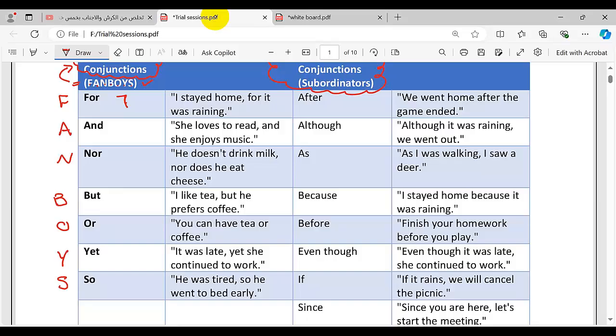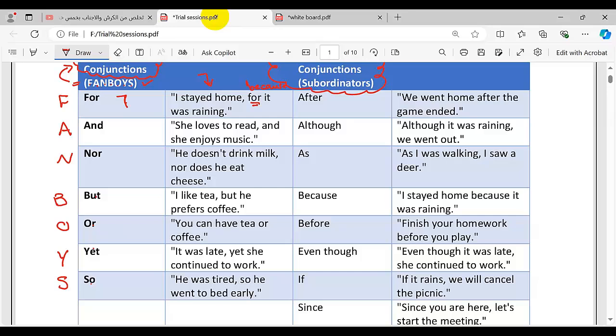Again, coordinating conjunctions are for, and, nor, but, or, yet, and so. Let's read these 7 sentences. I stayed home, for it was raining.